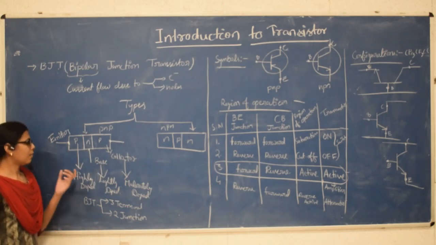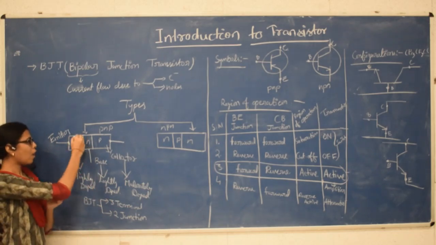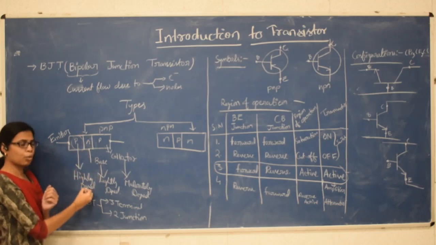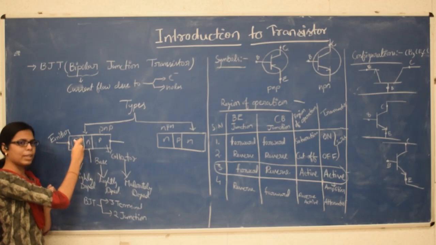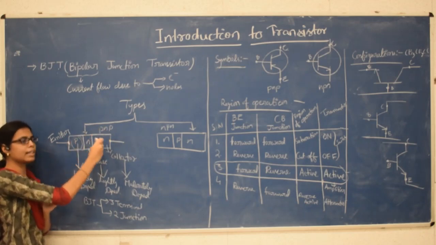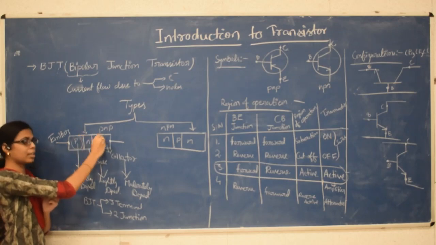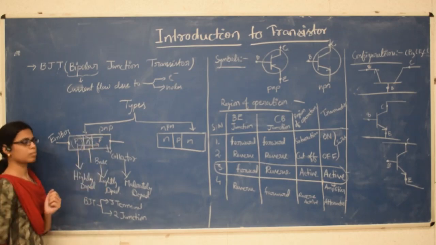See, why the name emitter? That is because since this is highly doped, it is going to emit the charge carriers, and this is the collector, since it is going to collect the charge carriers that are emitted by the emitter. So charges will be flowing like this.